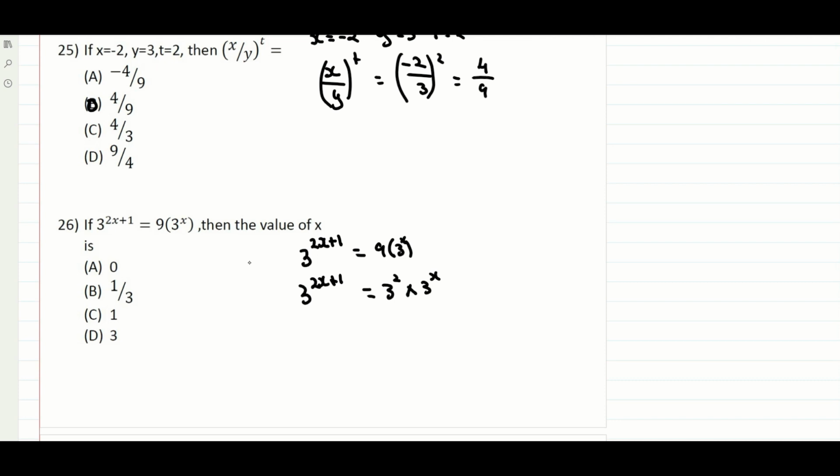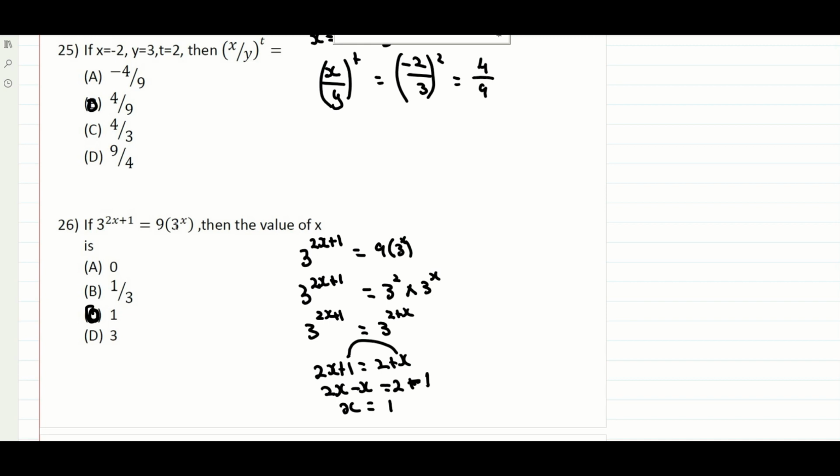Right, when my bases are the same, I simply add my powers, so it's 3 to the power of 2x plus 1 is equals 3 to the power of 2 plus x. The bases are the same, so I'm going to make my powers equal to each other. 2x plus 1 is equals to 2 plus x. So we have 2x minus x, I carried across this here, is equals to 2 minus 1. So we have x is equals to 1. So my answer would be C.